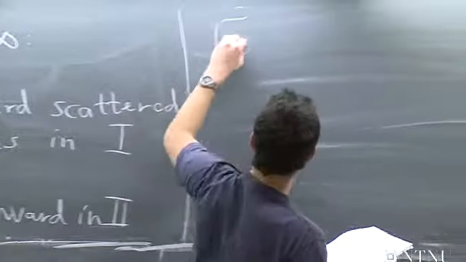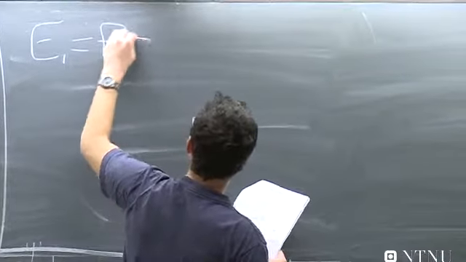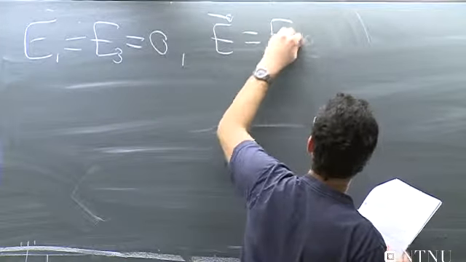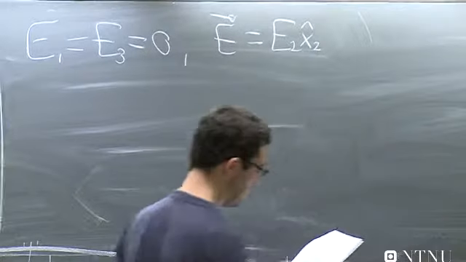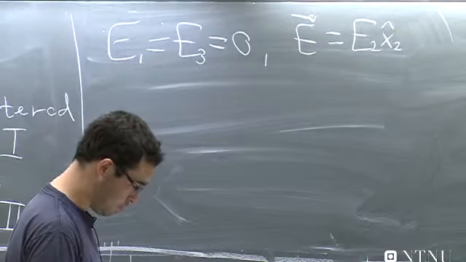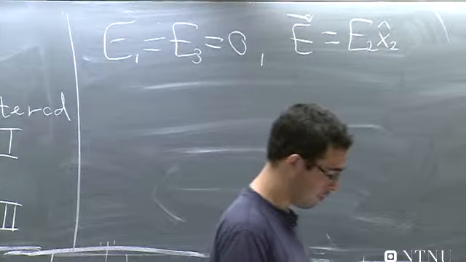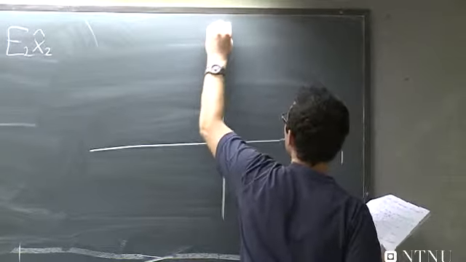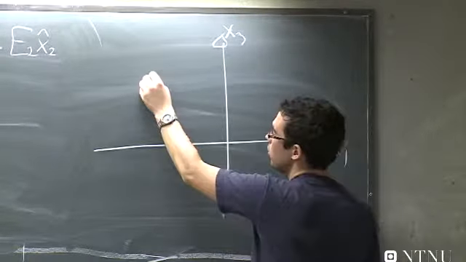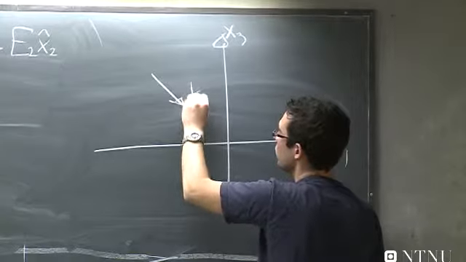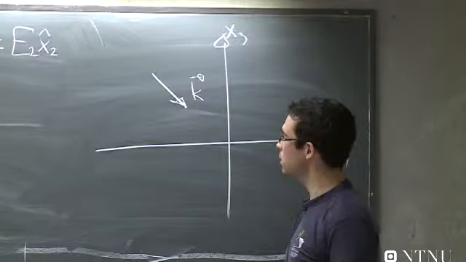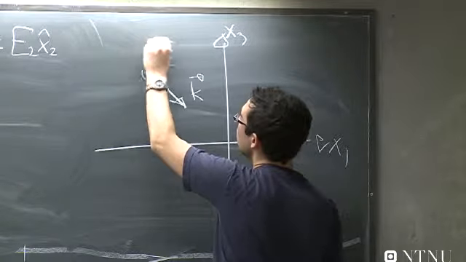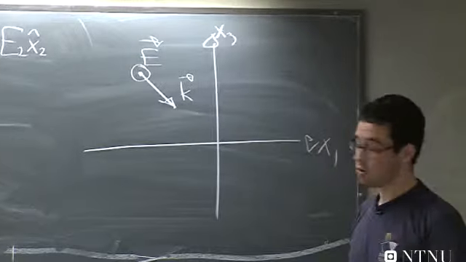So to draw the fields perhaps more clearly. If I have a k vector like this, then the E field is pointing, let's say, into the board. And then it was k cross E, wasn't it?